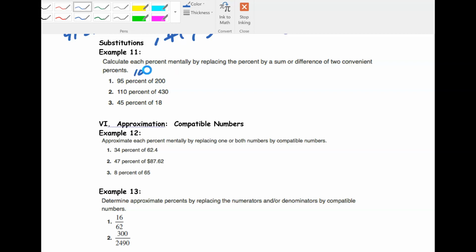We know that 100% of 200 is just 200. So if I do 5% of 200, well, 10% is $20, so 5% is $10. That's what I would do in my head. And then I would just take off $10 and I'd get $190.